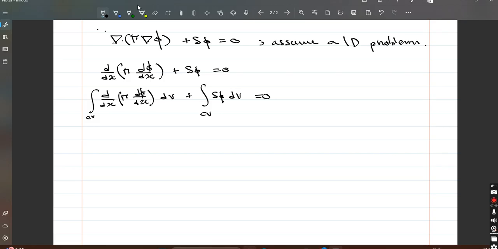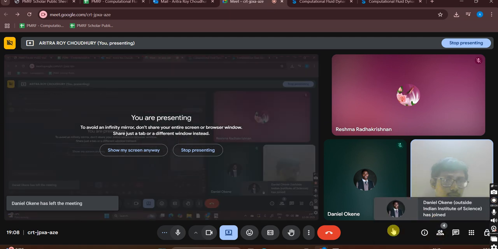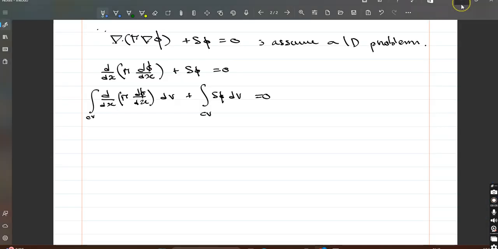Now we will take the volume integral. We'll write this term in a different way to make use of the Gauss divergence theorem. We can use it in this way also, but I'll write it in a different way. Del dot of the vector field dx dv. And what does the Gauss divergence theorem tell us?